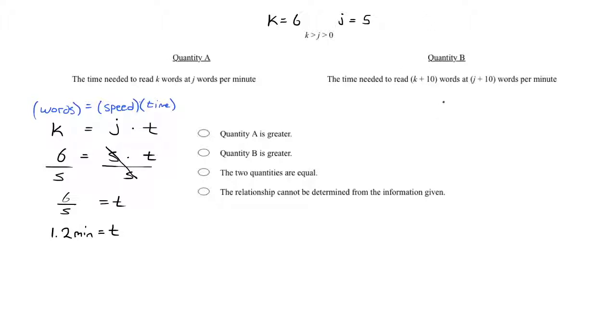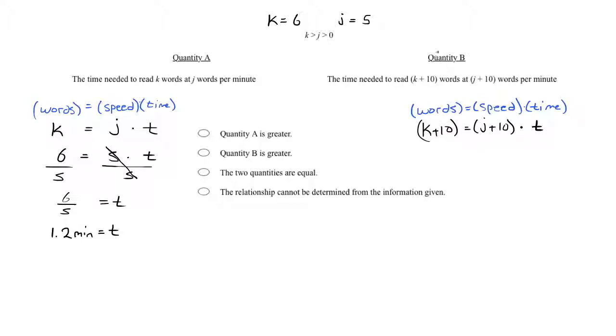So how did it work out over here? The time needed to read k plus 10 words at j plus 10 words per minute. Let me write out the formula that is still going to apply here. Words will equal speed times time. Once again, we're dealing with k plus 10 words this time, and that's equal to j plus 10 for a speed, words per minute, times our unknown time t.